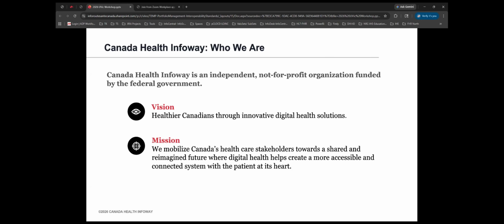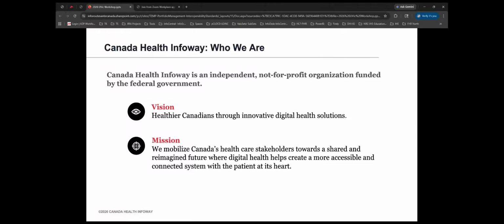We are funded by the federal government. We are not a government department, and we are not a vendor. We sit somewhere in between, so that actually positions us in a way that allows us to bring provinces, clinicians, and industry together and stay focused on what actually matters for the health system.